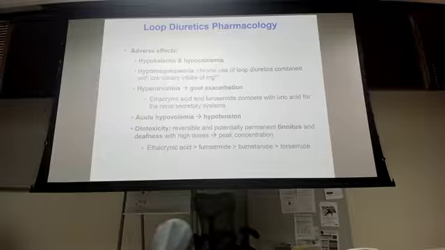No. So you can actually keep pumping loops on board and raising that dose, and you can actually permanently deafen someone. We talked about ethacrynic acid, and furosemide, bumetanide, and torsemide, below the ototoxicity. That's just showing you which ones are more causative of that specific adverse effect.